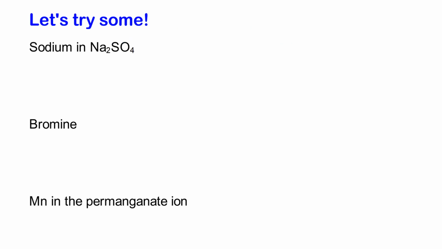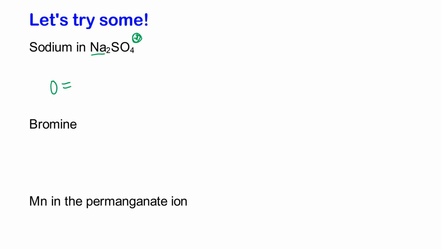All right, so let's take a look at how we can determine the oxidation number of elements within compounds. In this first example, we're trying to figure out the oxidation number of sodium within the sodium sulfate compound. The first thing you want to check is whether or not the compound you're looking at has a charge. And remember, charges are always located in the upper right-hand corner. Since there is no charge here, we know that it has a neutral charge, and that neutral means 0.